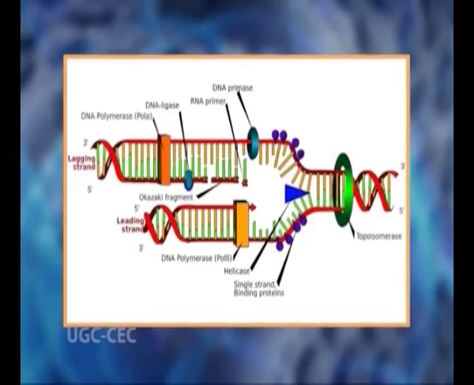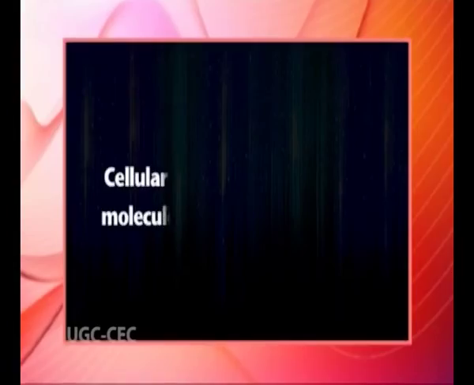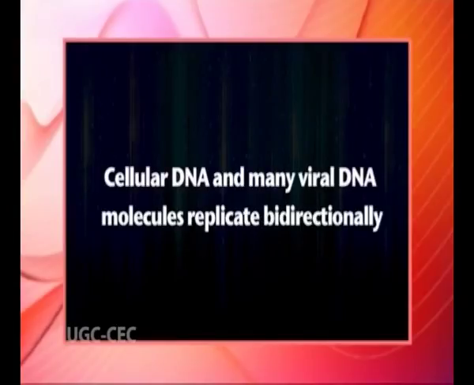The first experimental support for bidirectional replication in eukaryotic cells was obtained by fiber autoradiography of labeled DNA molecules from cultured mammalian cells. Such studies have revealed clusters of active replicons, each of which contain two growing forks moving away from the central origin, thus providing unambiguous evidence of bidirectional growth. Most cellular DNA and many viral DNA molecules replicate bidirectionally.